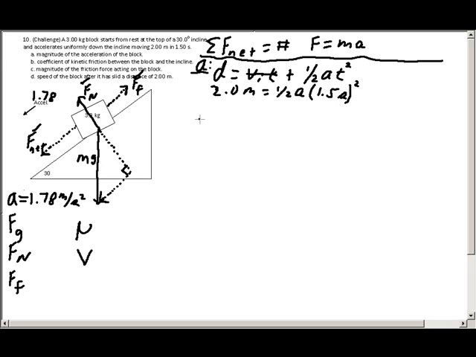Now, what is the force due to gravity? The force due to gravity is going to equal the mass times the acceleration due to gravity, which is g. So the mass of this object is 3 kilograms.